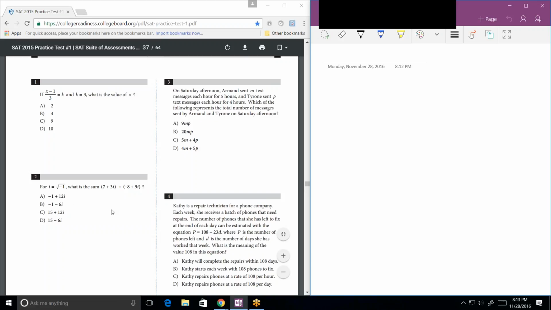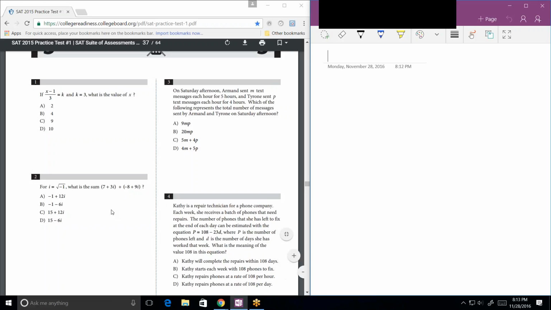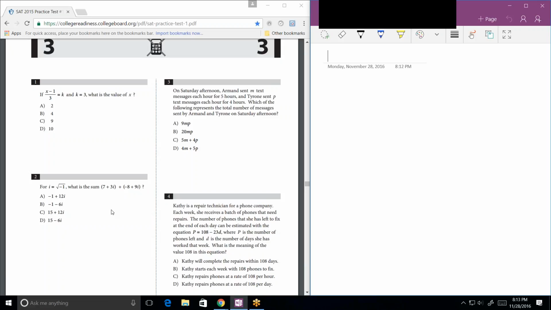So adding and subtracting complex numbers is really easy. Multiplying is easy too. But you're not going to get a lot of complex numbers on this test. This is the upper limit of the math you have to worry about.